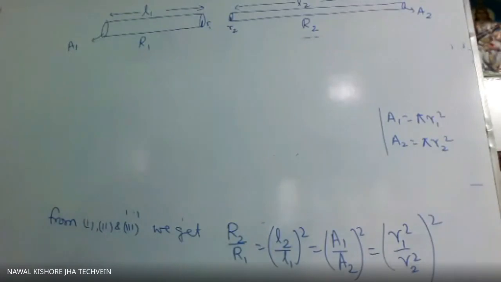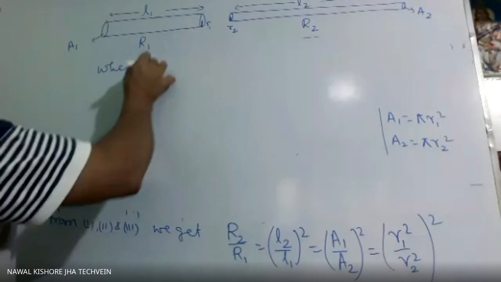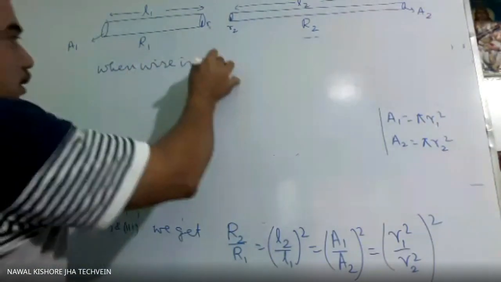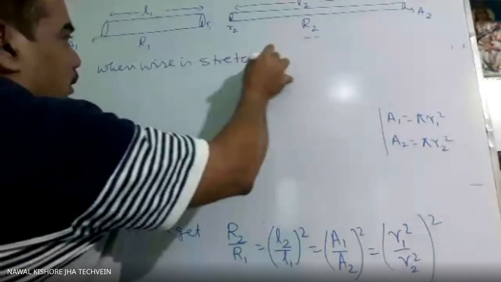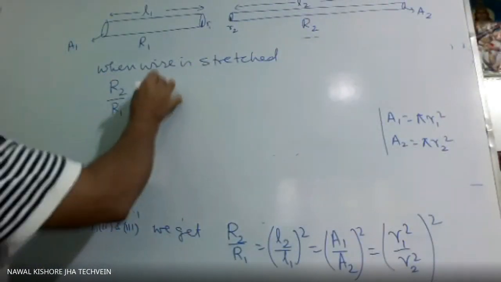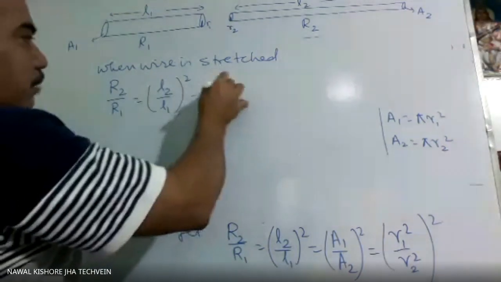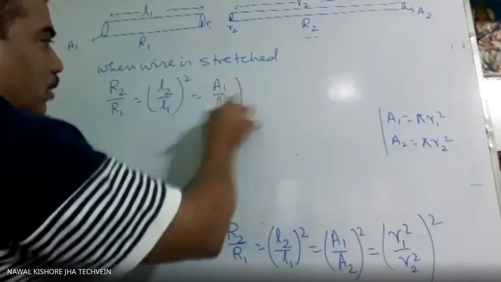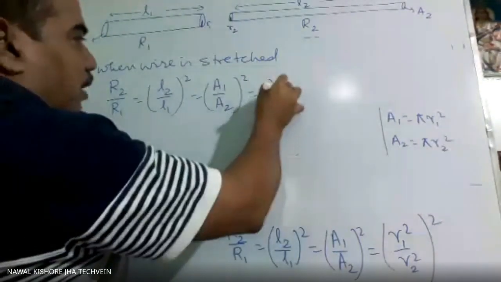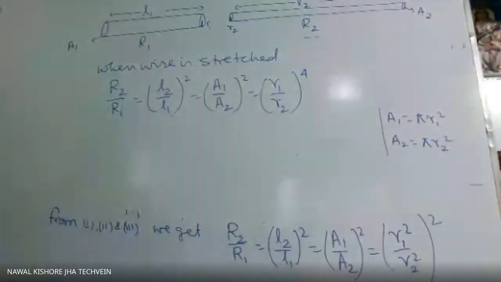So when wire is stretched, what general formula did we get? This R2 by R1 we got L2 by L1 whole square, or it may be A1 by A2 whole square, or it may be R1 by R2 to the power 4. So when wire is stretched, we will use this formula.